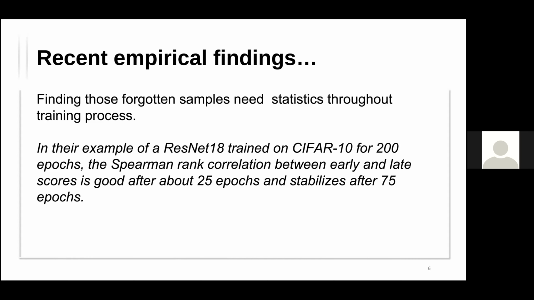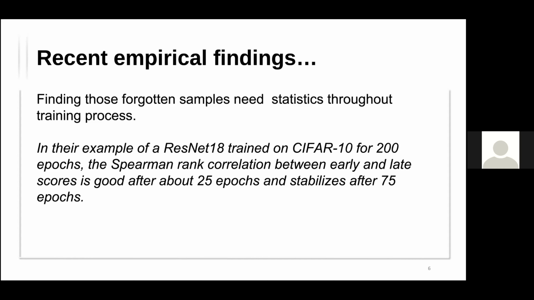I forgot about the details, but this example wanted to say that we don't need to train the CIFAR10 for 200 epochs in order to find those forgetting samples. The score is stabilized after 75 epochs.